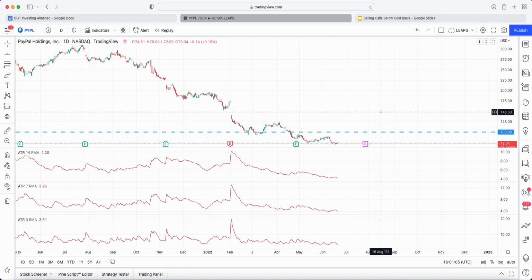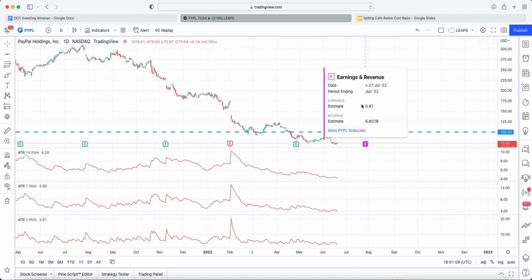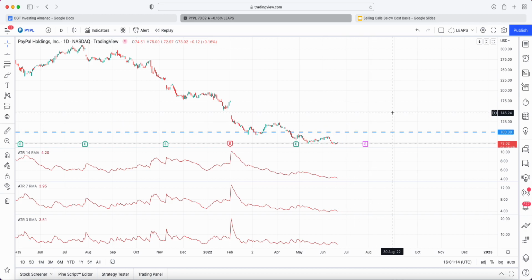Best case scenario is there's no earnings coming out. Another thing is you need to check earnings, right? I know PayPal have earnings on the 27th of July, which doesn't coincide with this Friday's expiration date. So I've not got any increase in volatility. Yes, there could be some news, positive or negative, but I'm only going with the information I actually know.